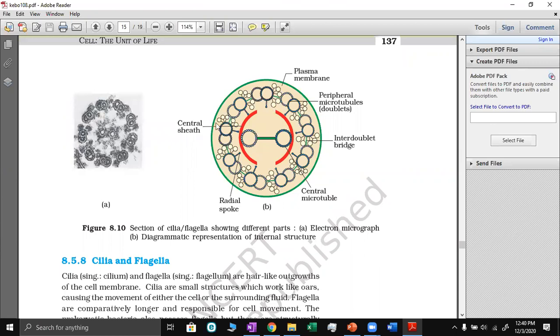In the question, this is the structure now. Section of cilia, flagella showing different parts, electron micrograph, diagrammatic representation of the internal structure.